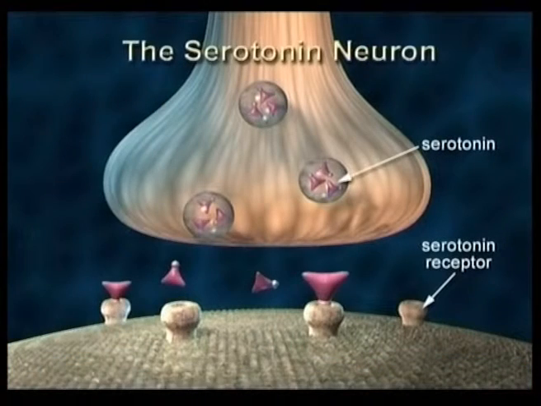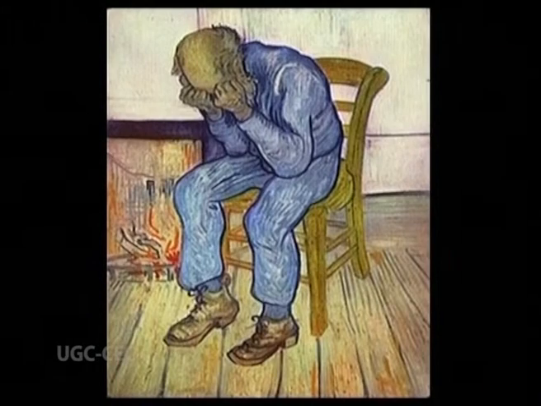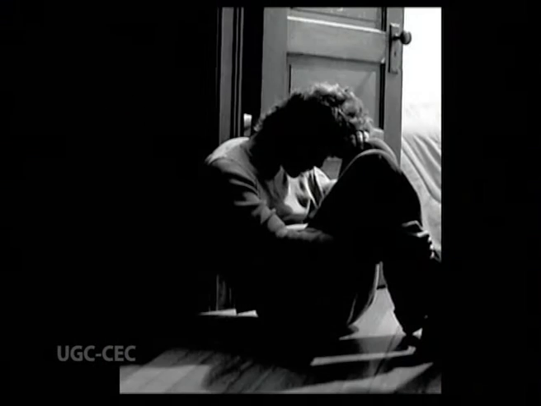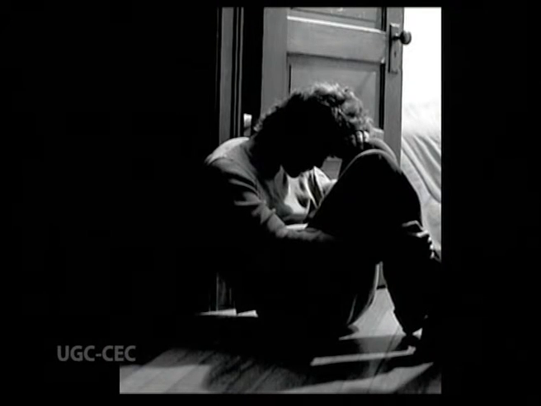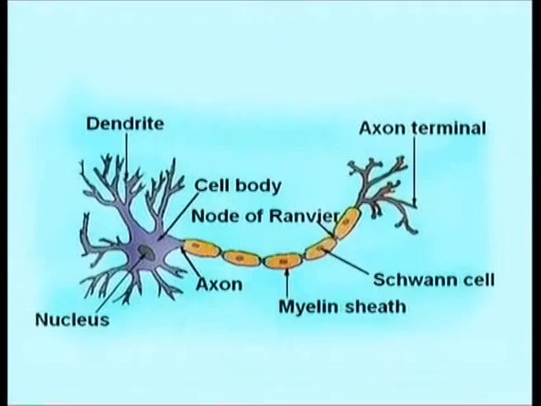For example, the drug fluoxetine is a selective serotonin reuptake inhibitor, that is SSRI. By inhibiting serotonin transporters, fluoxetine prolongs the activity of this neurotransmitter at synapses in the brain. SSRIs provide relief for those suffering from some forms of depression.